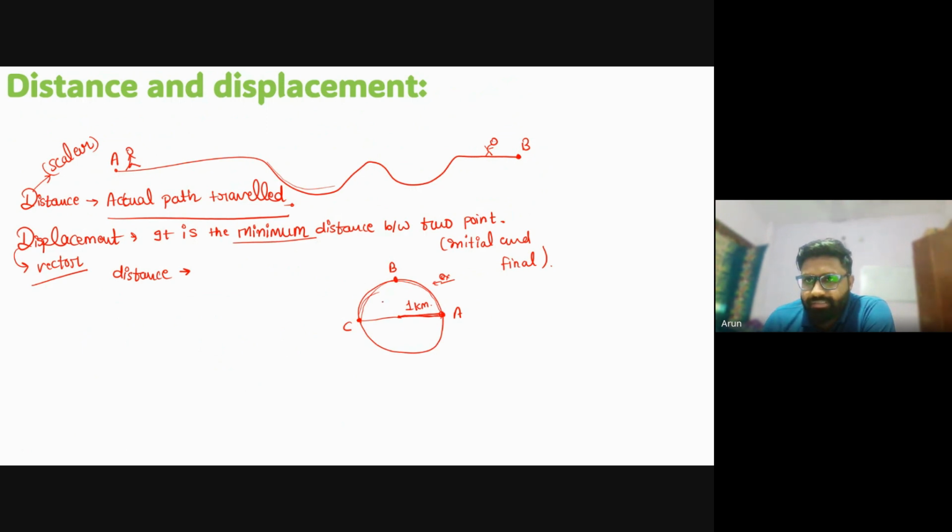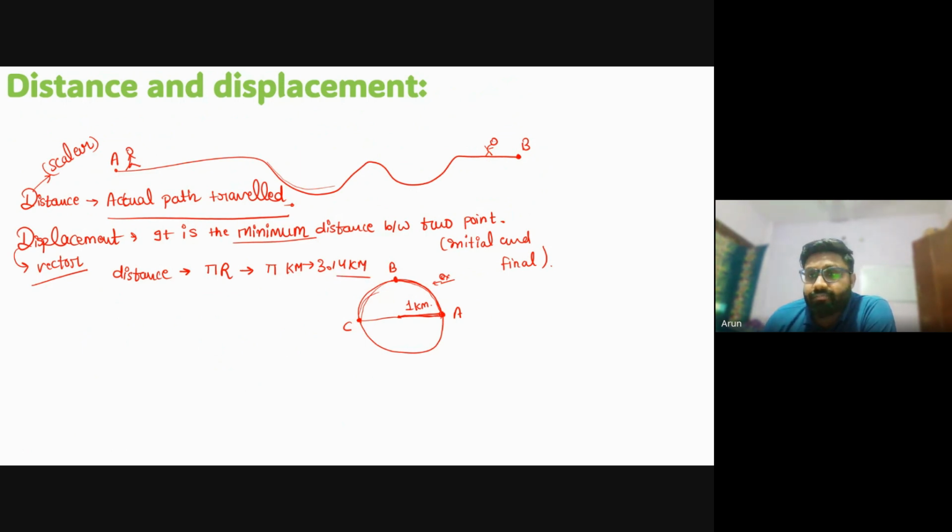The whole circumference is 2 pi r, but this is half of it. So distance here is pi into r, and the radius is 1 kilometer, so the distance is pi kilometer or 3.14 kilometer.